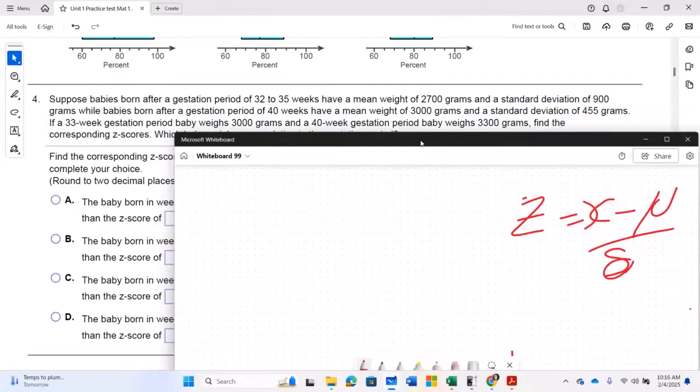Babies born after they have been in their mommy's tummy for between 32 to 35 weeks weigh 2,700 grams. That's what this question says. And the standard deviation is 900 grams.